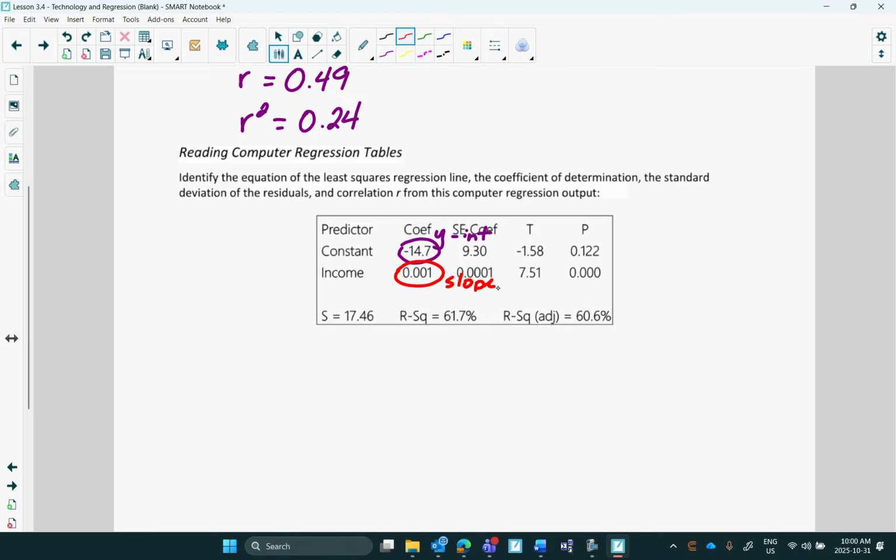So just by looking at these two first numbers in the column under coefficient, we can create the equation of the line. So it would be y hat equals negative 14.7 plus 0.001 x.